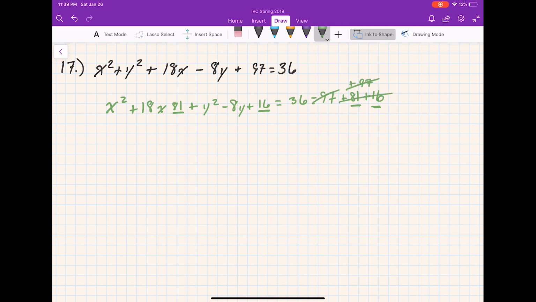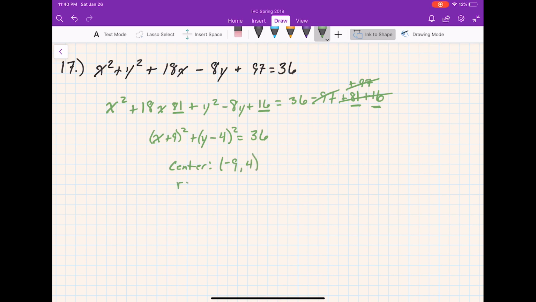These two cancel out, so really we ended up not having to add it, but we have to do it; in this particular example, we end up with that canceling. So quantity x plus 9 squared plus quantity y minus 4 squared equals 36. So now we're going to be able to see that our center is negative 9, comma 4.